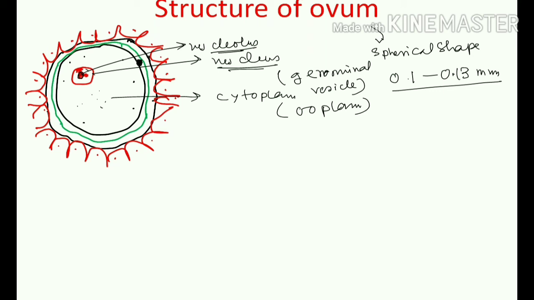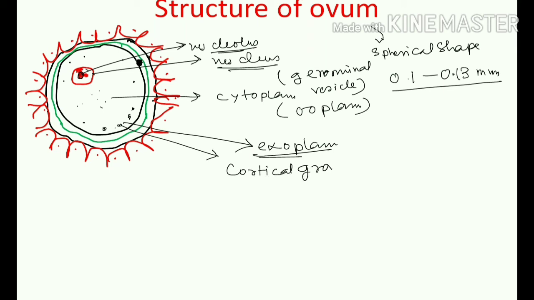The cytoplasm towards the periphery is the exoplasm. In this exoplasm region there are granule-like structures, and these granules are called cortical granules. The membrane which covers the cytoplasm is called the vitelline membrane.